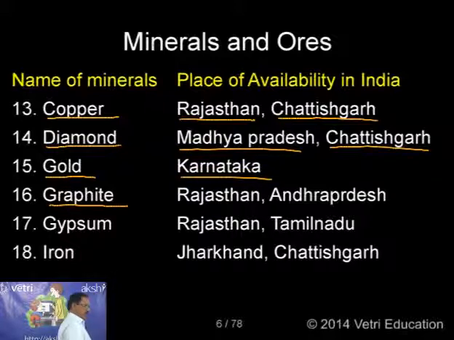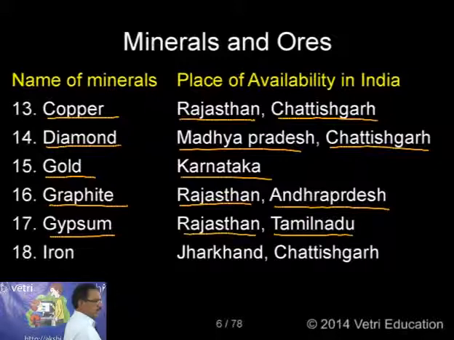Graphite, another mineral, is available in Rajasthan and Andhra Pradesh. Gypsum, again the most important mineral, is available in Rajasthan and Tamil Nadu. Iron, the most important metal we commonly use for all purposes, is available in Jharkhand and Chhattisgarh.